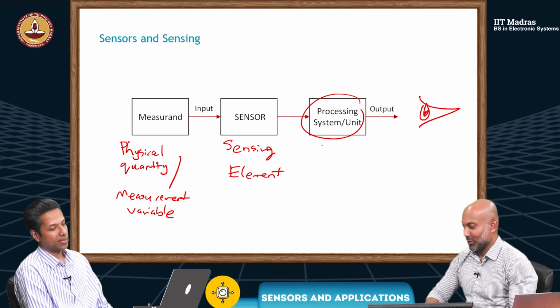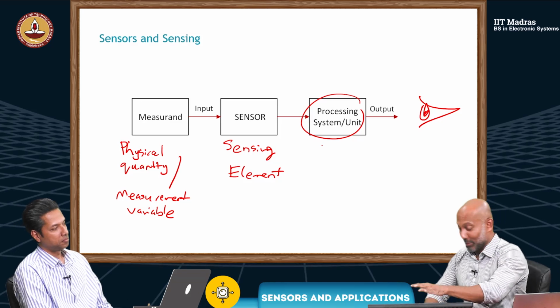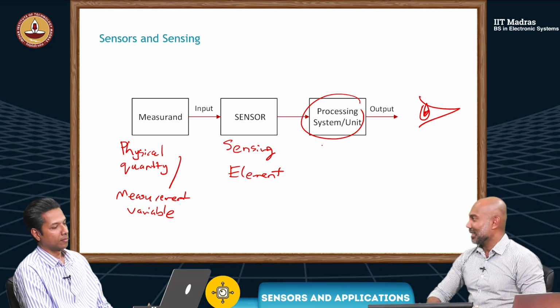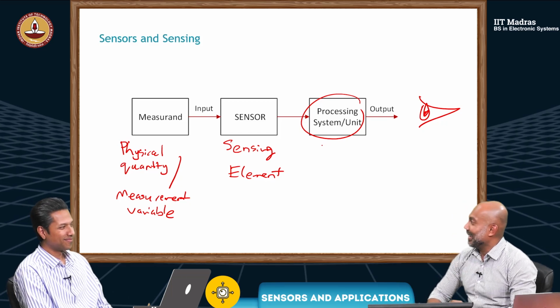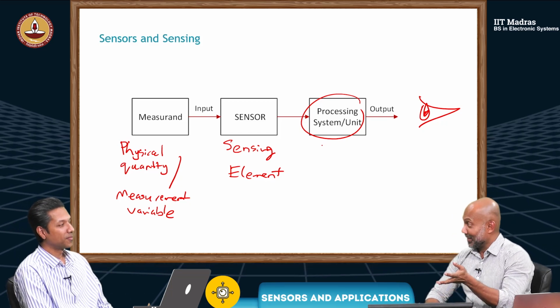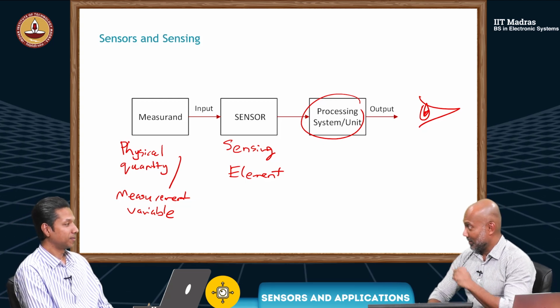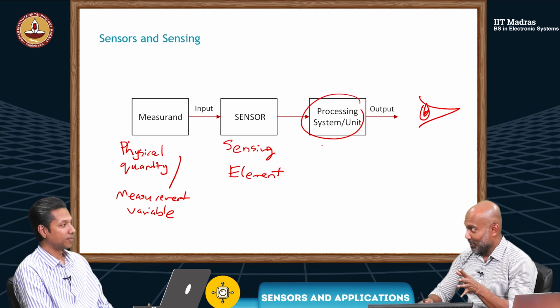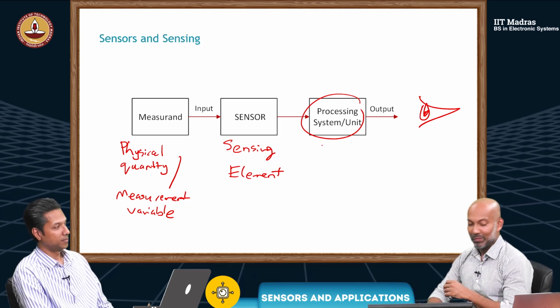So the sensor plays a key part, and we will see as we go along how important sensors are. That's why I said it's not just interesting, but also a very important course for the students to learn. And as you said, we all come across sensors every day in our lives, right?